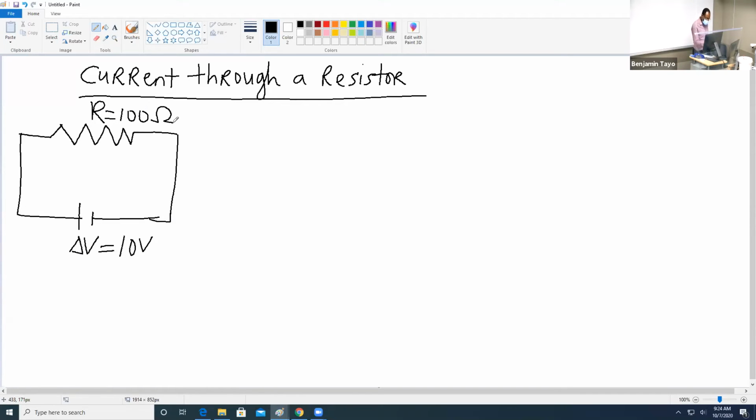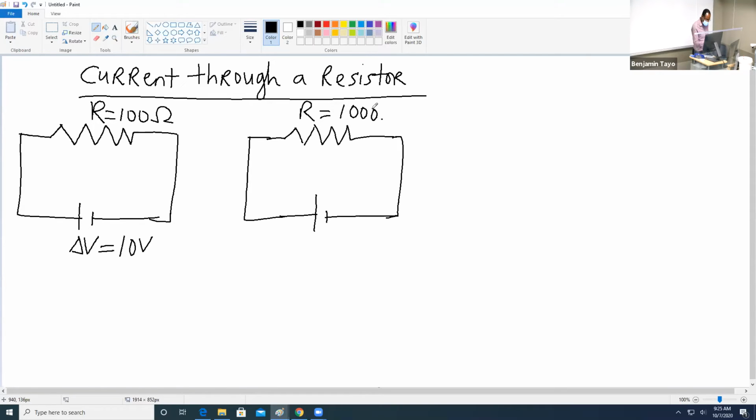Then let's look at the second resistor here. Now this is 1,000 ohms, and we get my delta V here.